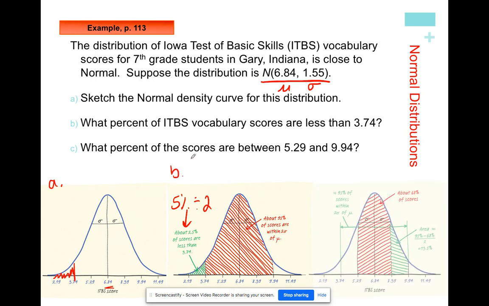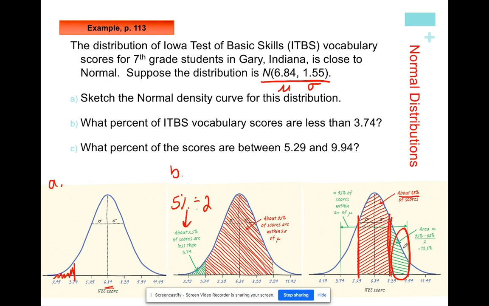And then part C over here is scores between 5.29 and 9.94. So here you've got 5.29, here you've got 9.94. Again, there are multiple ways to go about it, but the method you're seeing shown here is that 5.29 is 1 standard deviation below. So we can go 1 standard deviation on either side, and that gives us 68% of scores. But then we still need this additional area here that's highlighted in green.